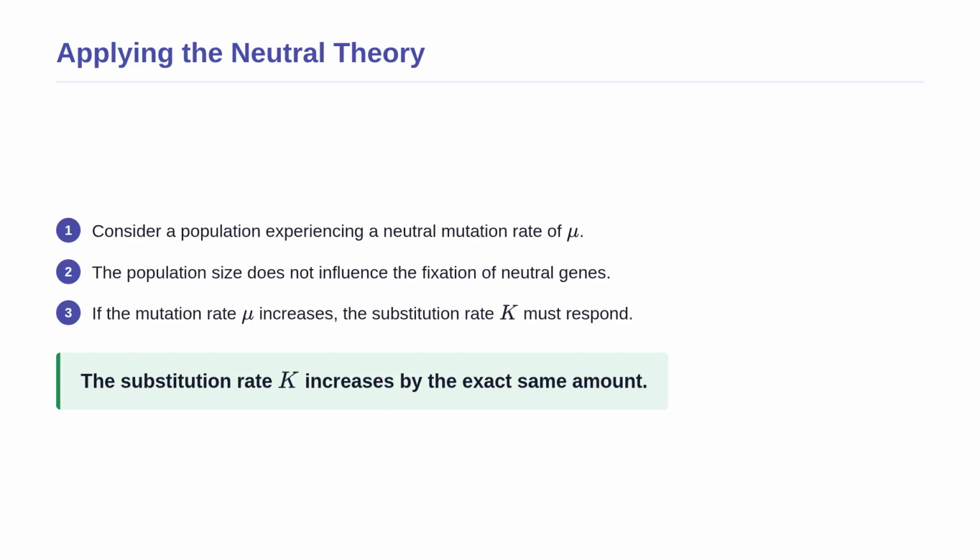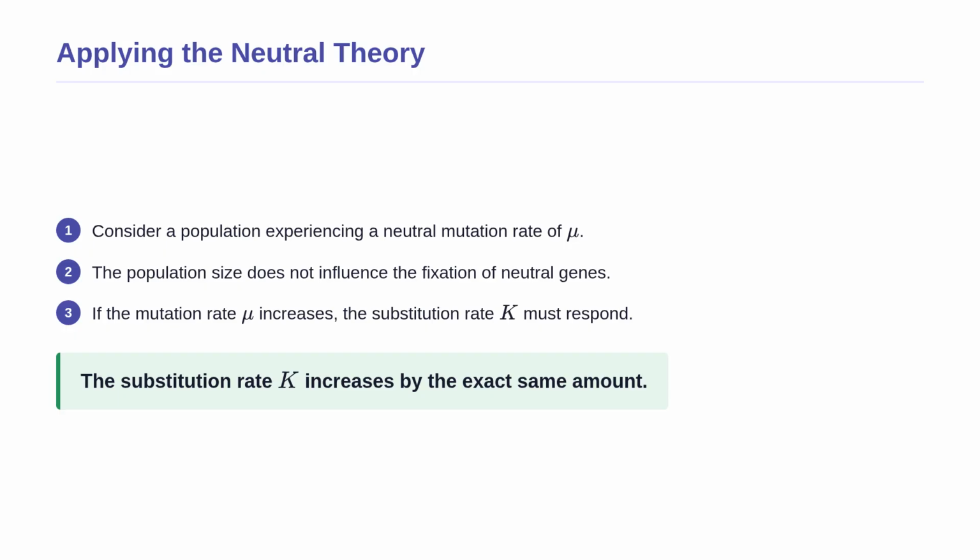Let us see what this formula means in a practical sense. Consider a population that experiences a specific neutral mutation rate, mu. Because these mutations are neutral, the size of the population does not influence how they become fixed.